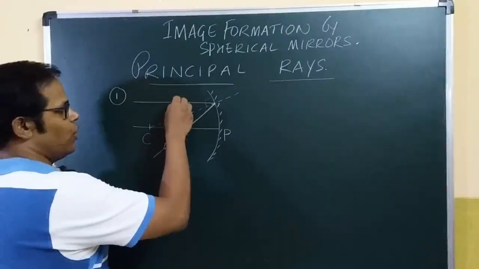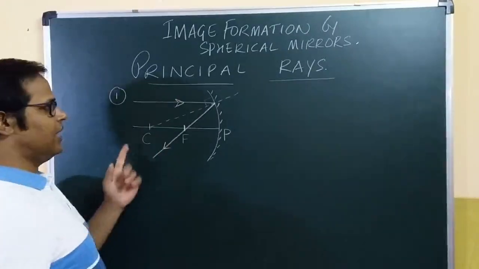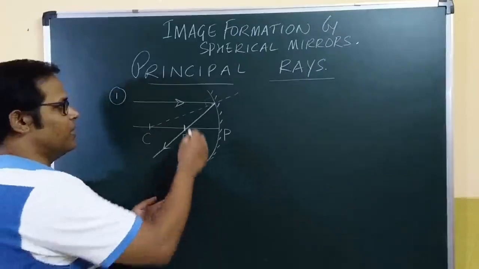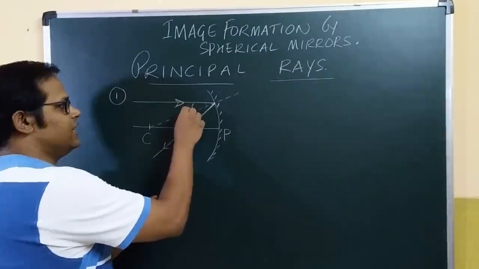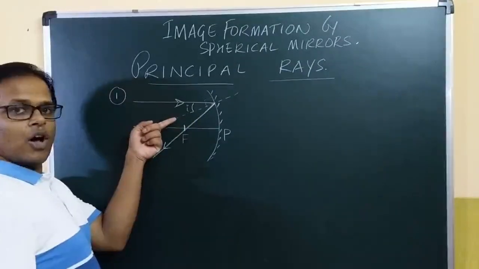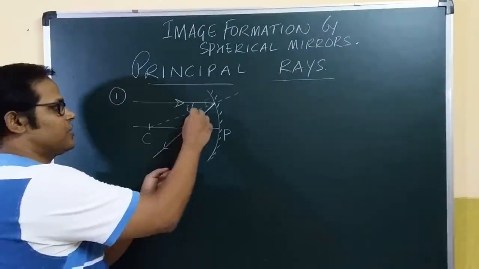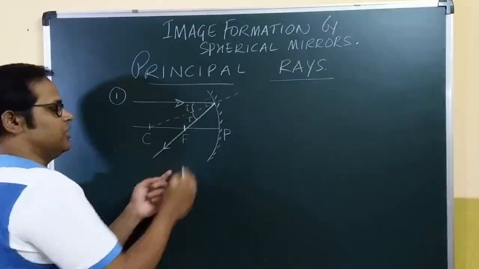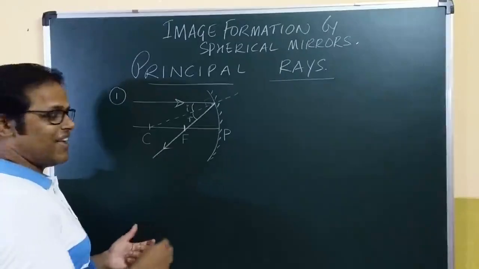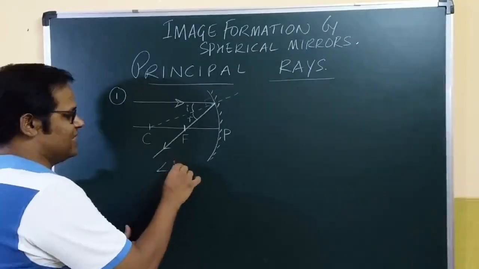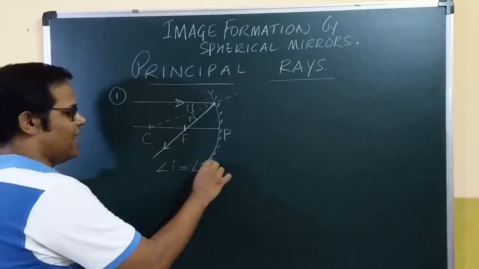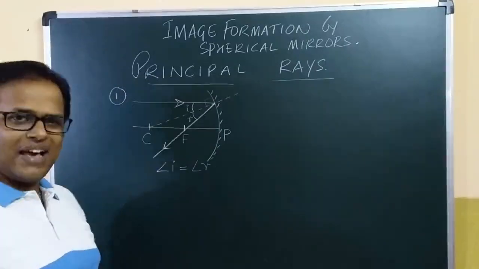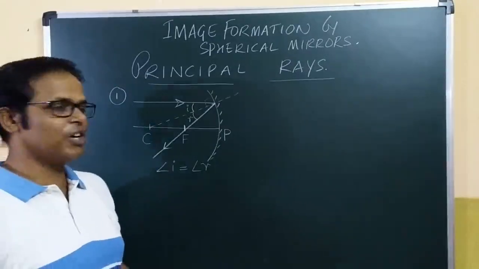Hence, as you already know, the angle between the incident ray and the normal is called angle of incidence. The angle between the normal and the reflected ray is called angle of reflection. So by the laws of reflection, angle of incidence is equal to angle of reflection. As simple as that. Got it right?